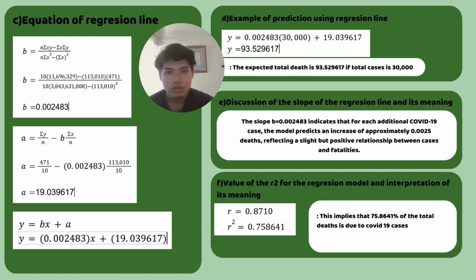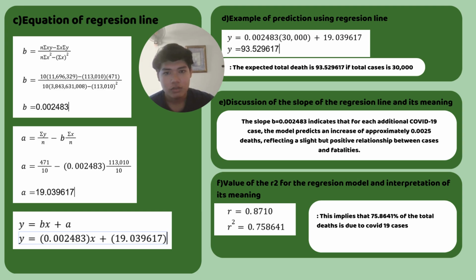From this example of prediction, the expected total death is 93.529617 if the total case is 30,000.